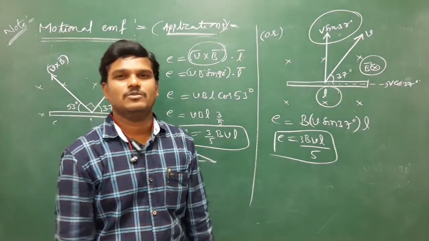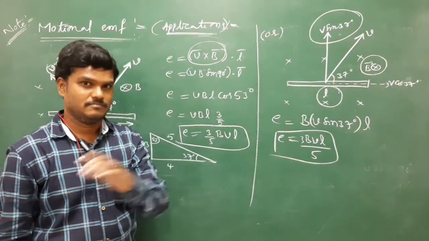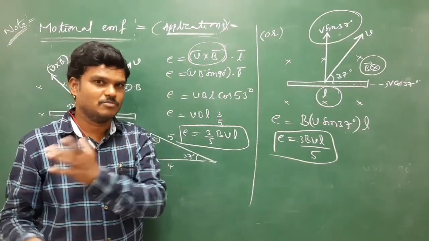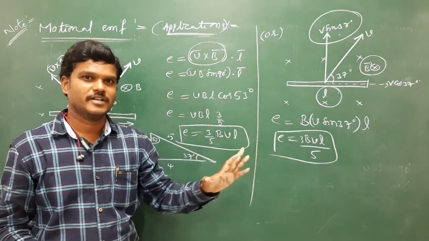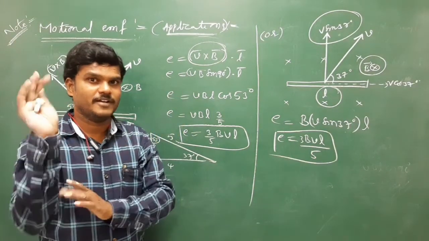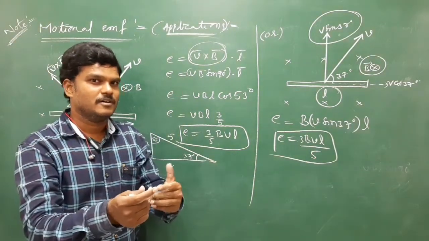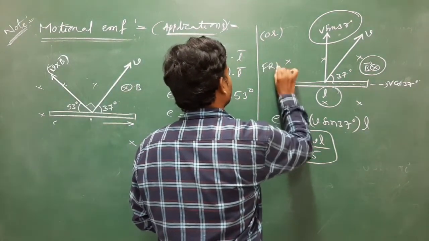Fleming's right hand rule. I am using one more rule now. Earlier, the right hand palm rule, which is used to identify the magnetic force acting on a charge, I'll keep aside. Later, I used the V cross B cross product rule with the right hand. Now I am using one more rule, Fleming's right hand rule.